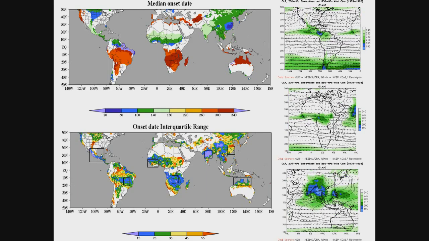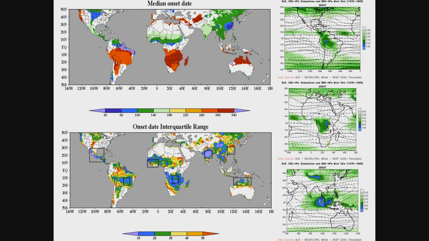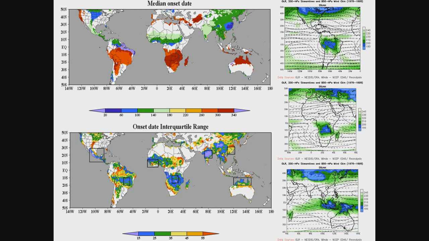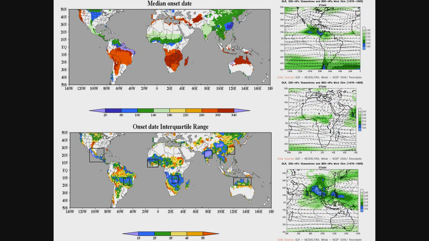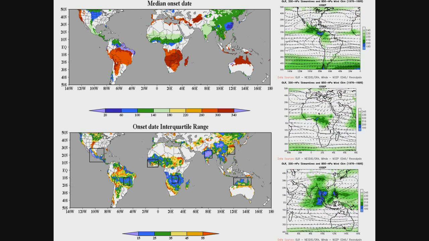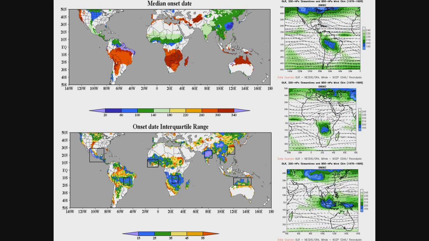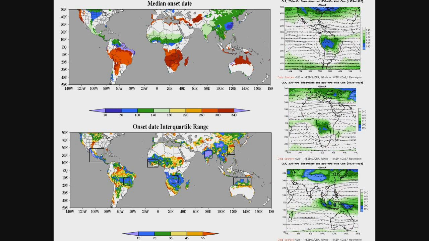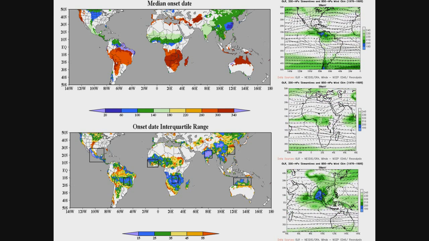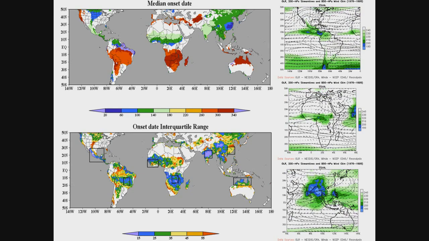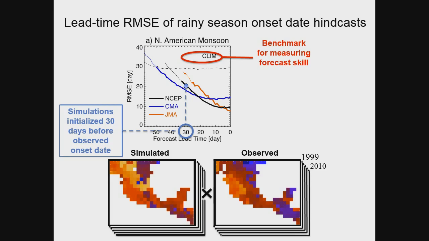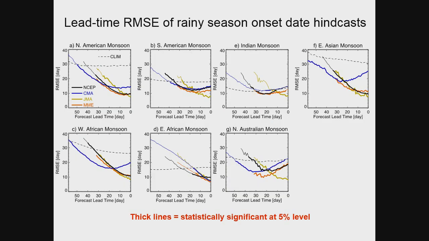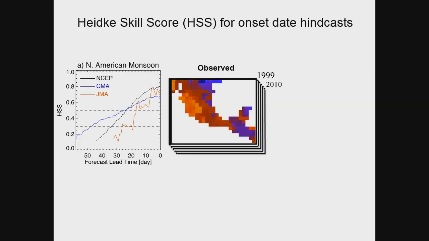If you consider that the rainy season is varying over time, so the onset date changes with time, because the Japanese model only starts the members every 10 days, you have a gap in there, so that leads to that behavior.